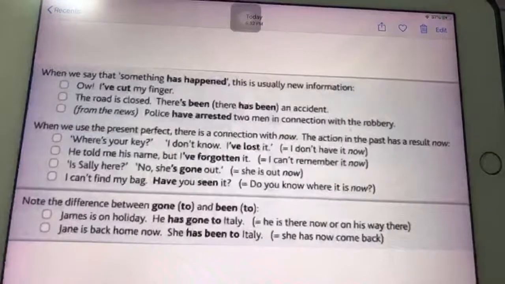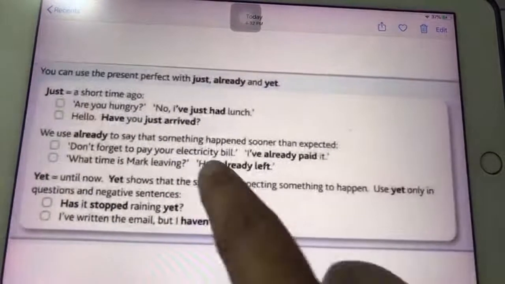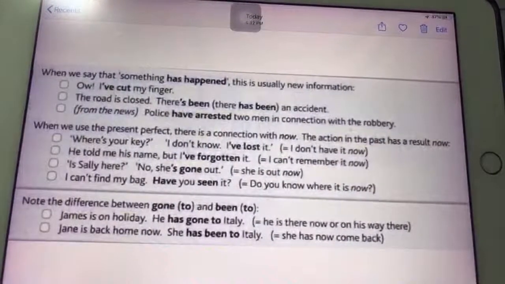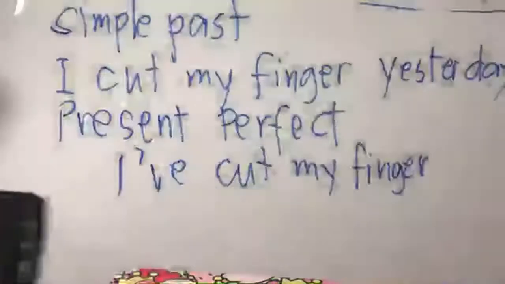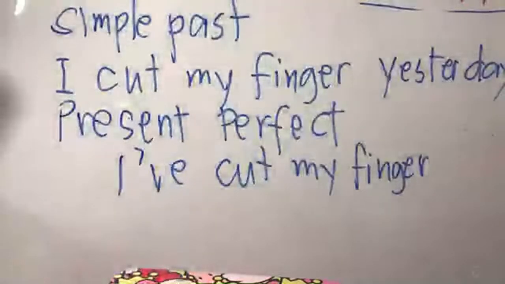Okay, Mizuki. Okay. Important thing here, remember, time is specified for the simple past and unspecified for the present perfect. Okay? Mizuki, will you please give me an example? I'll write it on the board.